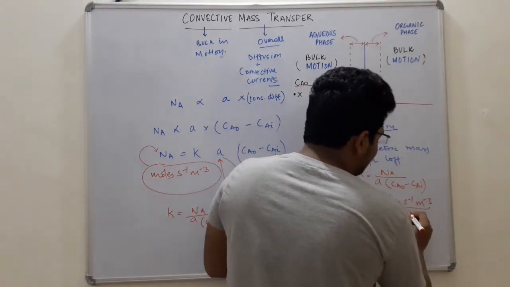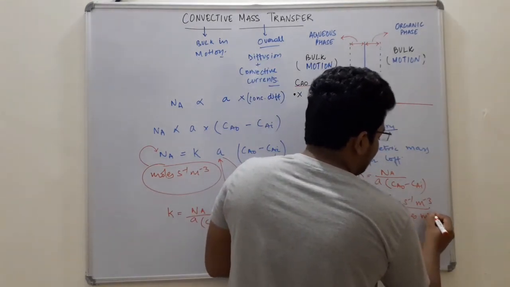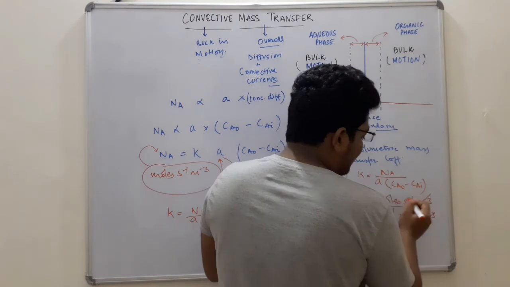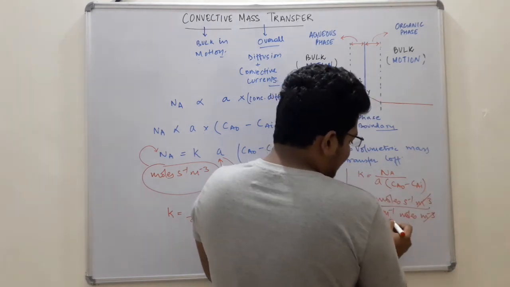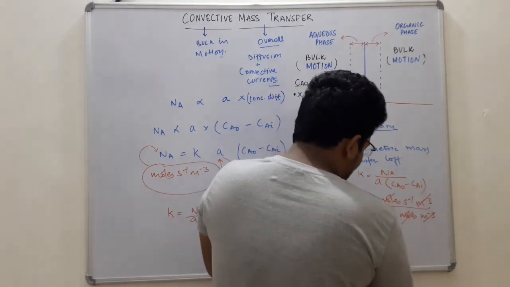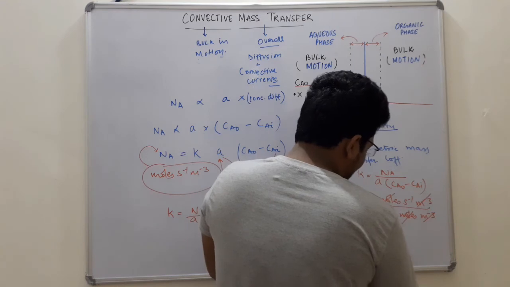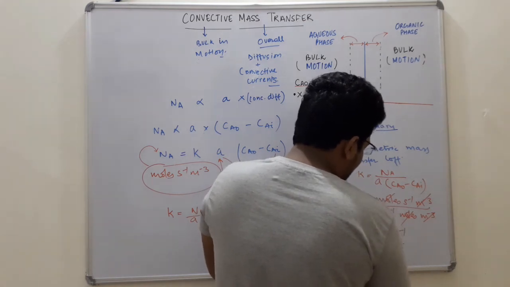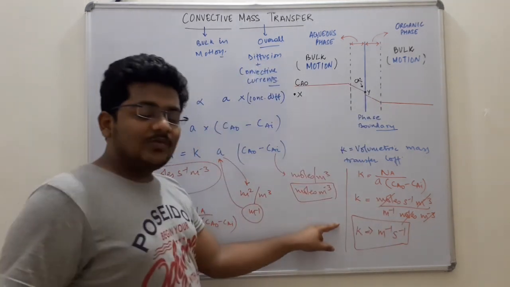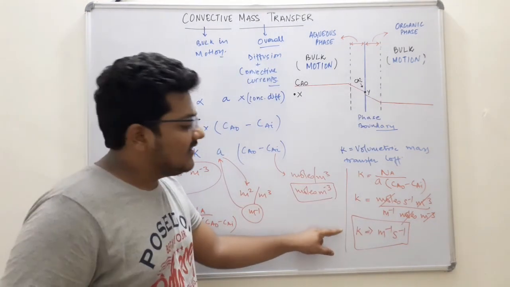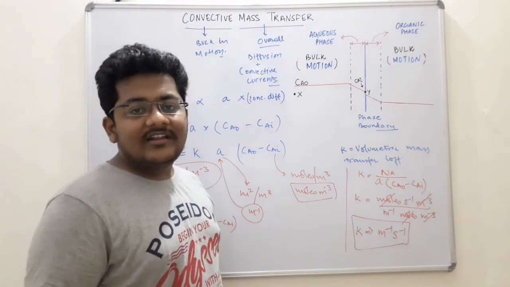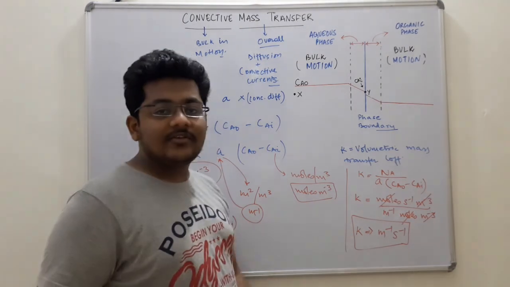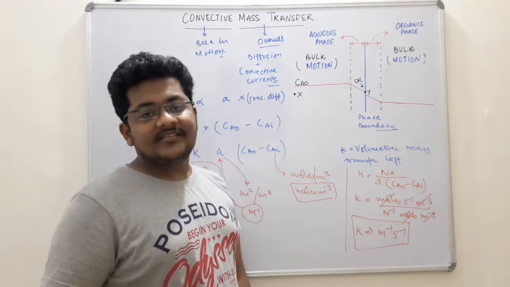So meter cube and meter cube cancel out, and moles and moles cancel out, and we get the unit for K, which is m to the power minus 1 s to the power minus 1. That is, per meter per second, for the volumetric mass transfer coefficient.